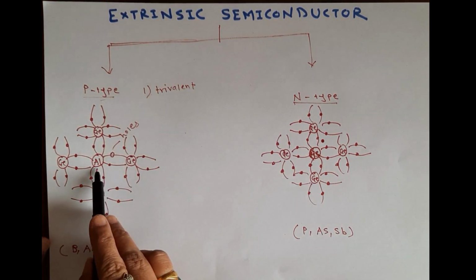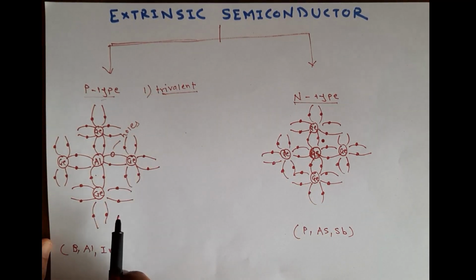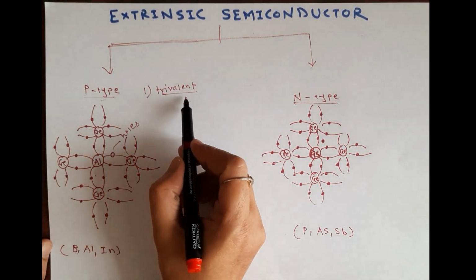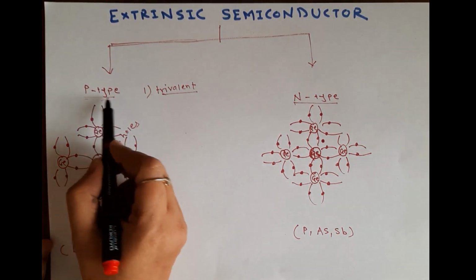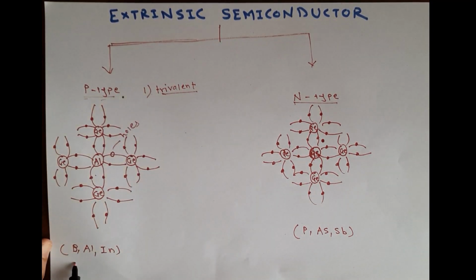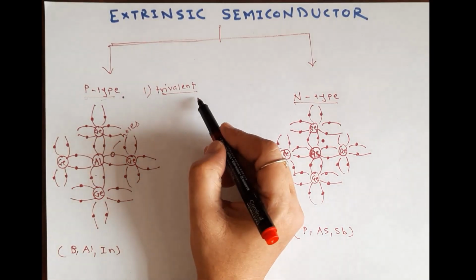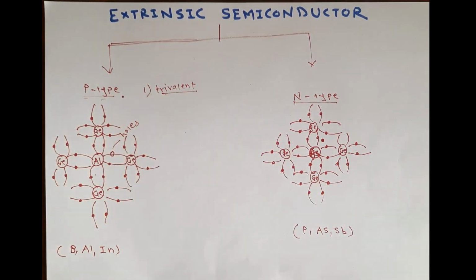It means aluminum has 3 valence electrons. So a trivalent impurity should be added to get the p-type semiconductor. There are a number of different atoms like boron, indium and aluminum. Those are the trivalent impurities which can be added to get the p-type semiconductor.